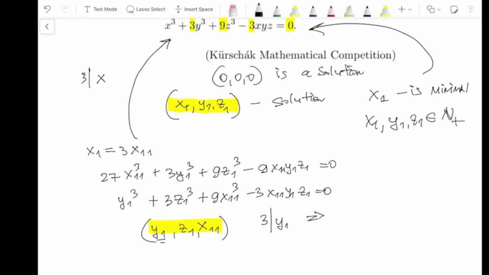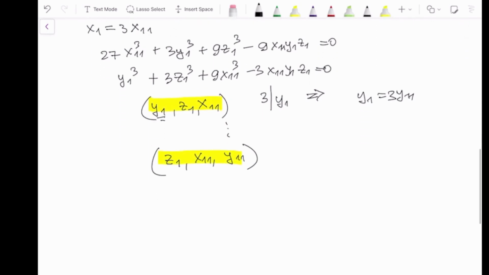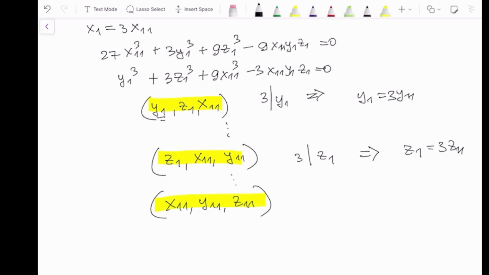So we apply the same methodology and then plugging it back, we will get that z1, x11, y11 is also a solution to the original equation. Repeating the same argument, because 3 now divides z1, we see z1 equals 3z11. Applying it again, we will prove that x11, y11, z11 is also a solution to the original equation.